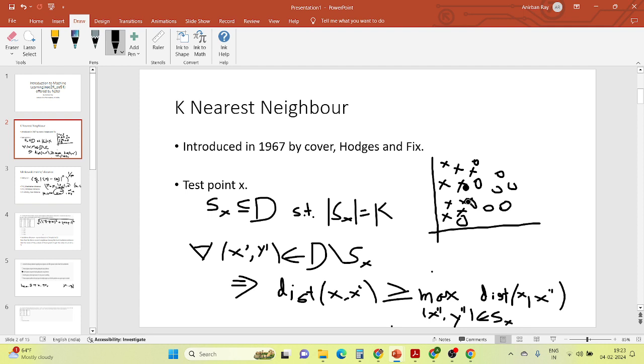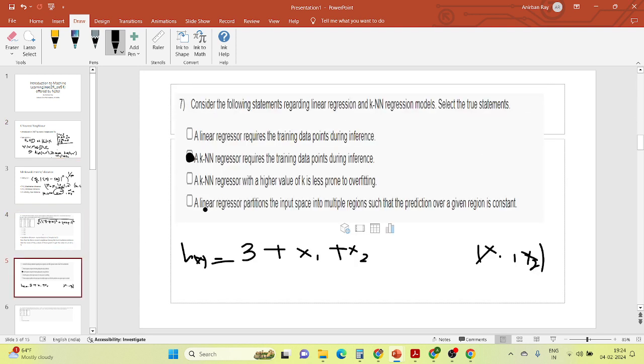It is closer to X, but it can very much be O as well, maybe a little distant. So in that case, it is not a good predictor. It overfits. So taking many points into consideration is a better idea. So this is the answer: if a higher value of K is used, it is less prone to overfitting.